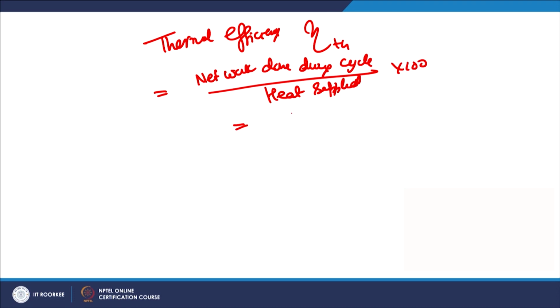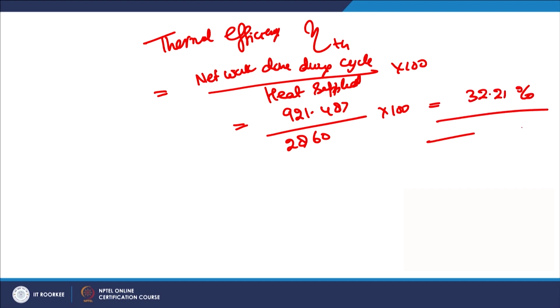So we have already calculated the relevant information, that is 921.487 divided by 2860 into 100. It comes out to be 32.21%. This is the thermal efficiency of the system.